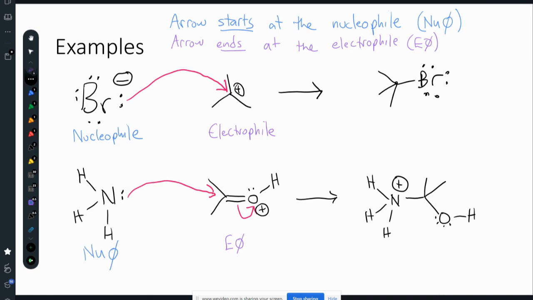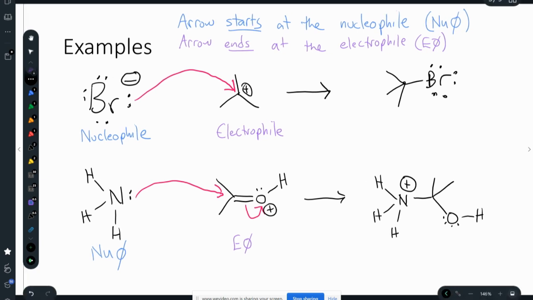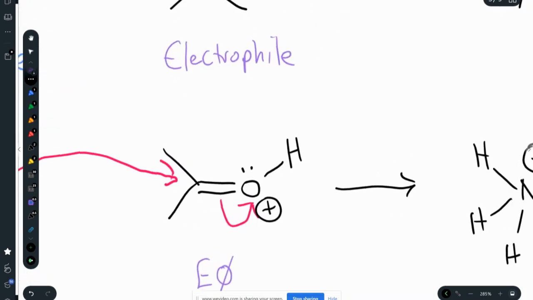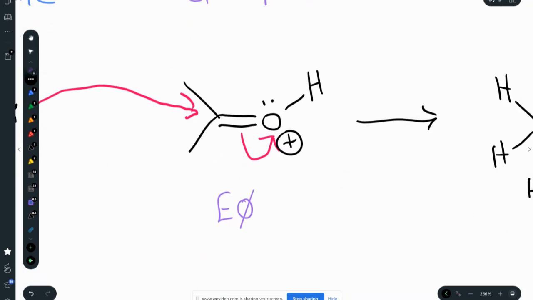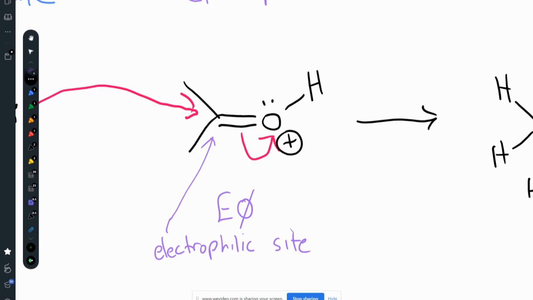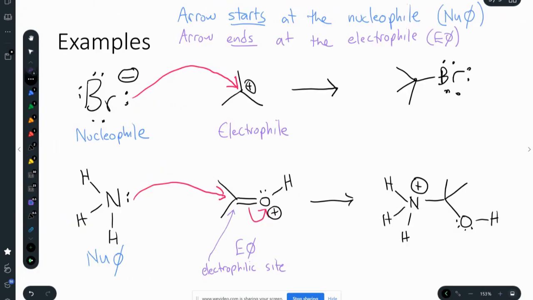Sometimes we'll get even more specific. You could use the term electrophile to refer to the whole molecule. If you wanted to be more specific, you could say, for instance, this carbon here is the electrophilic site. Right? Just to be even more specific. So that's how we use that language.